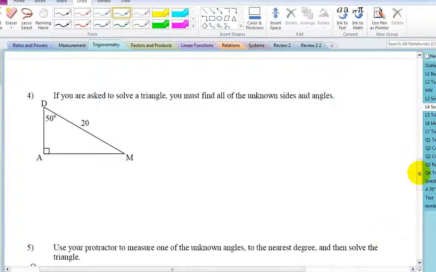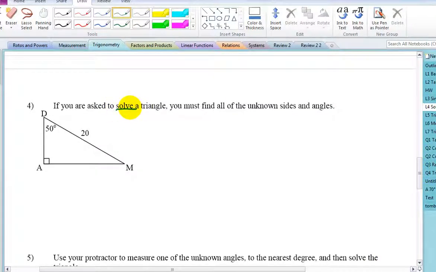Over here, we are asked to solve. We are given an angle and a side.